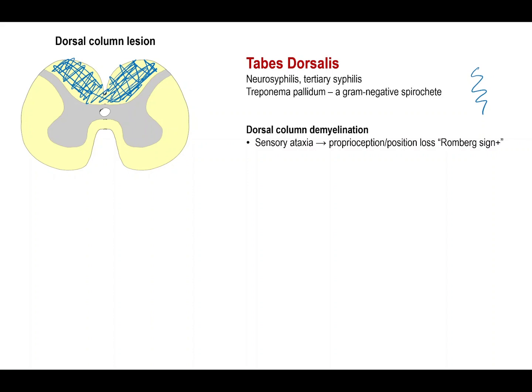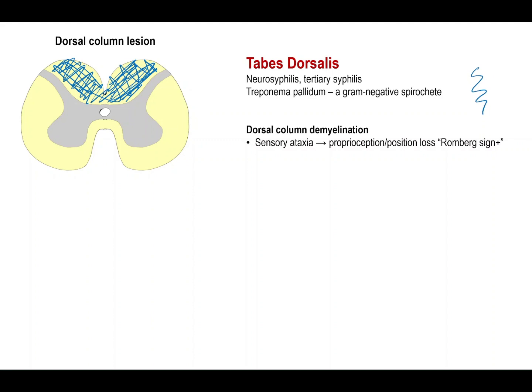Sensory ataxia means that when you close your eyes and walk, you won't be able to tell how deep the ground is. So you'll be very cautious to step and you're not able to walk nice and normal. That's called the Romberg sign. The Romberg sign will be positive because you lose the sense of position in space.